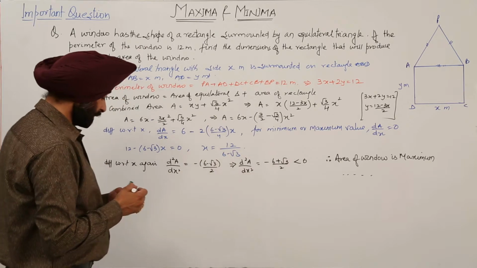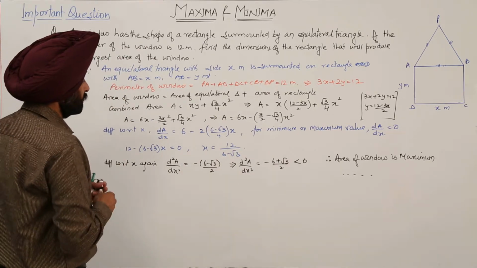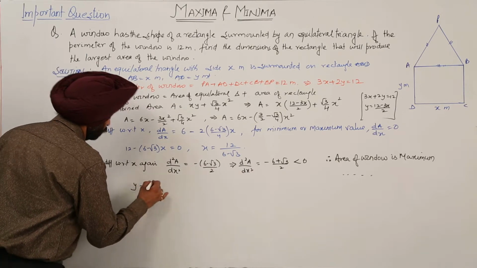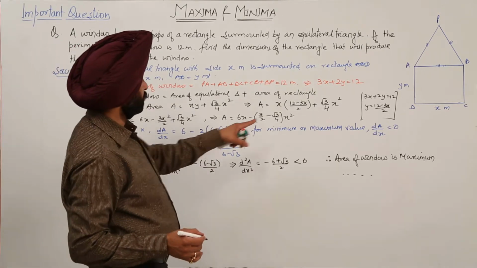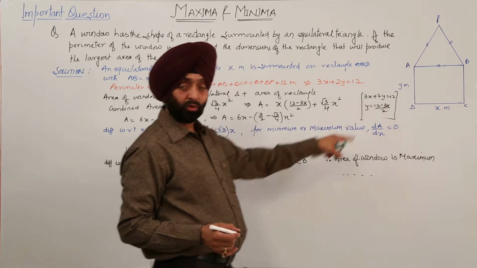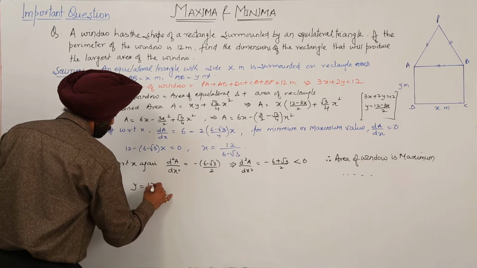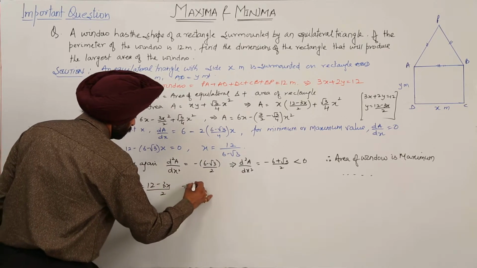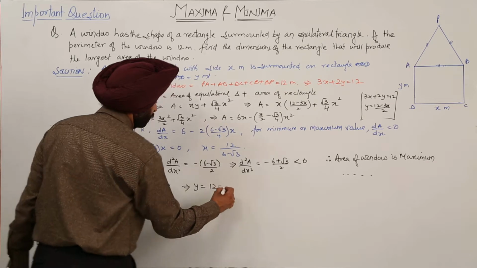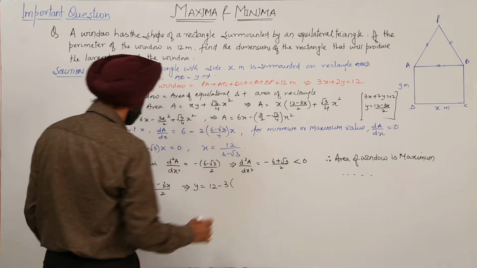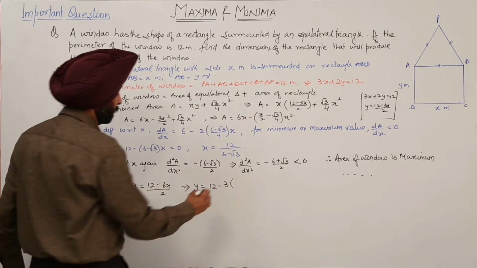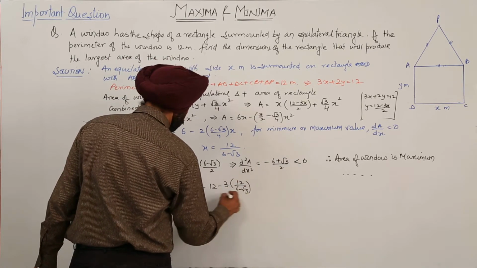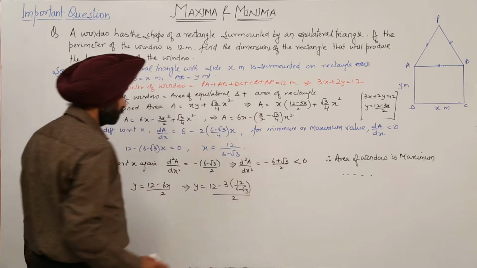Now we got x. Then what is y now? We were having y equal to 12 minus 3x upon 2, or y is equal to 12 minus 3 with x, 12 upon 6 minus root 3, upon 2.